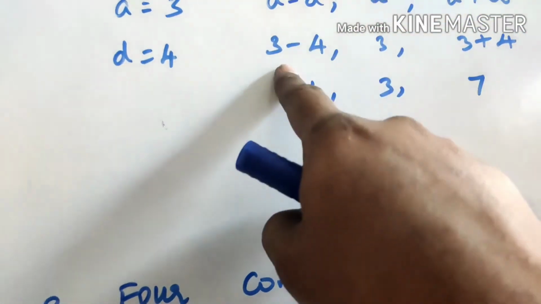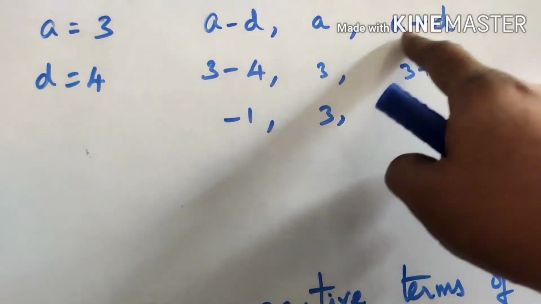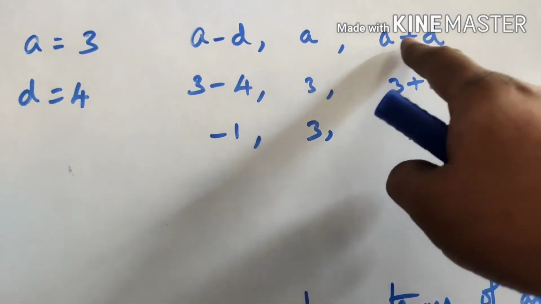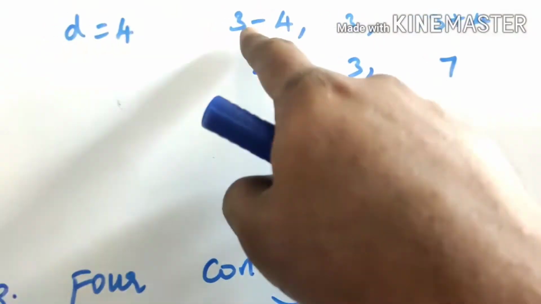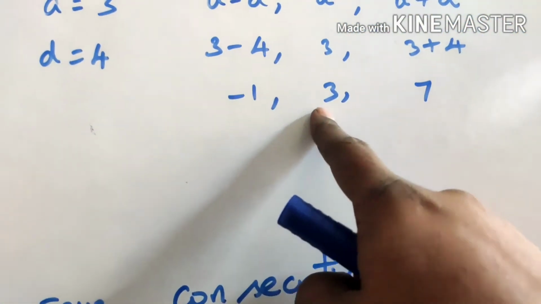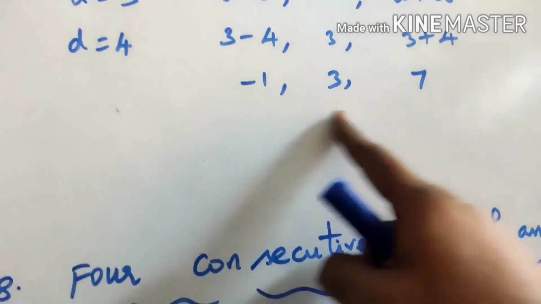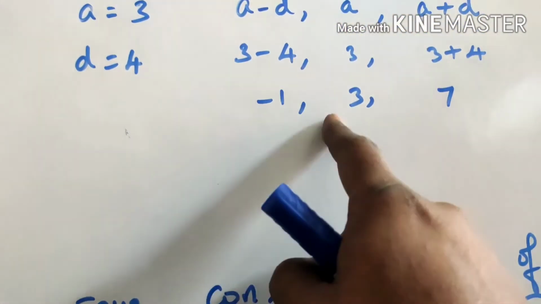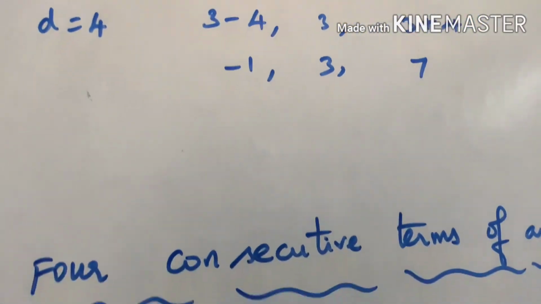Here 3 minus 4 is minus 1, a is 3, and a plus d, 3 plus 4, is 7. So we got an AP. If you add, minus 1 plus 4 you are getting 3, 3 plus 4 you are getting 7, so we got an AP.